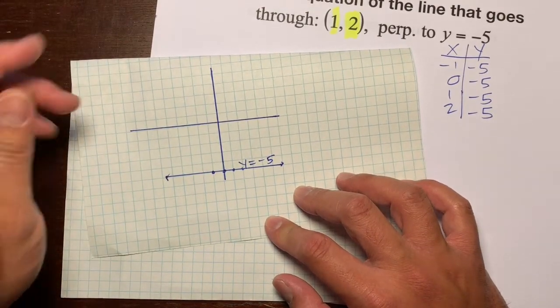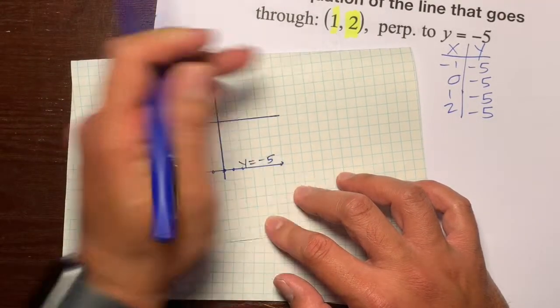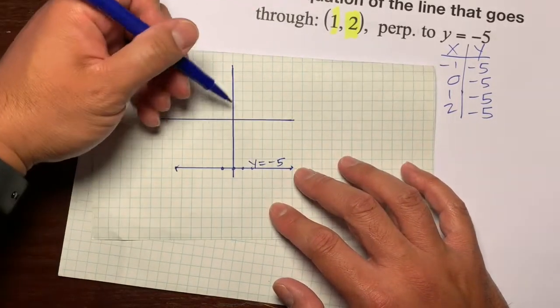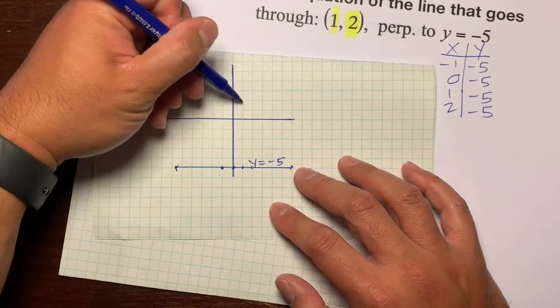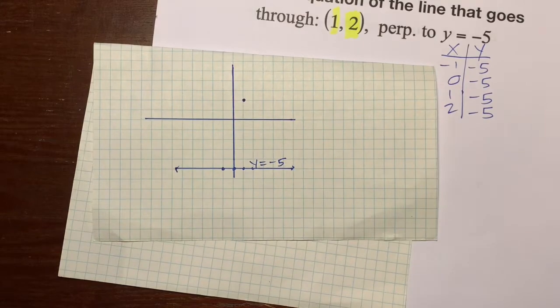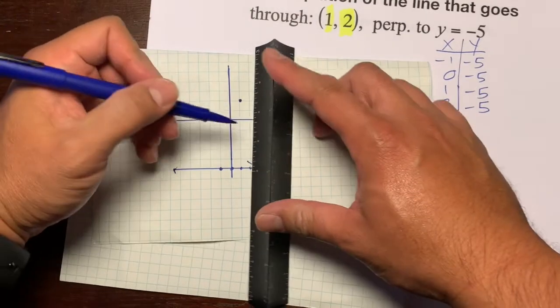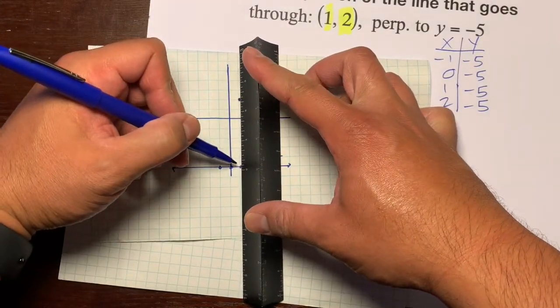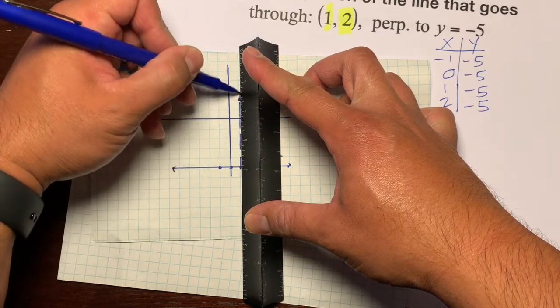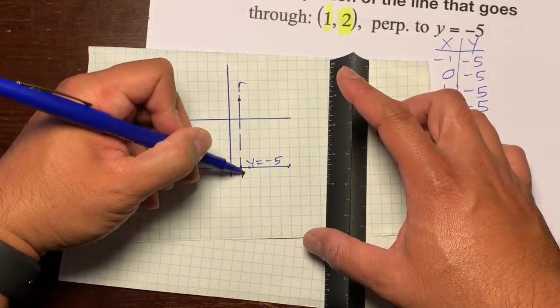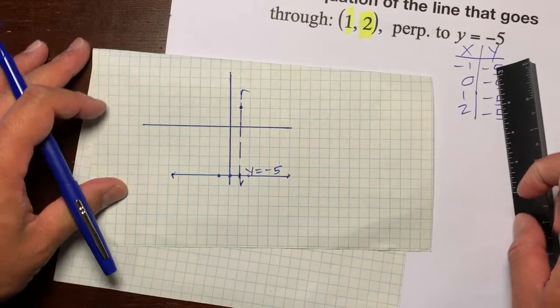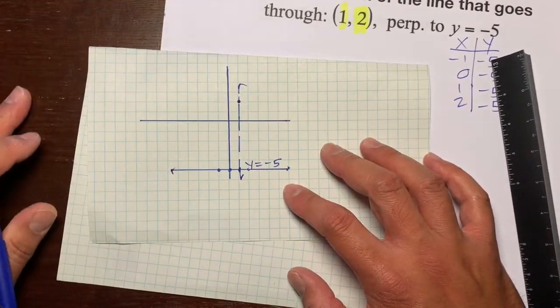And then we want the line that's perpendicular to this at (1, 2), which is this line right here. I'm just going to put a dash like that. So what's the equation of this line right here?